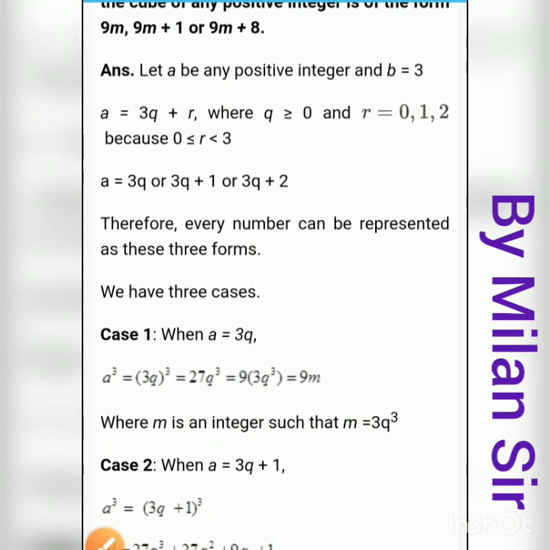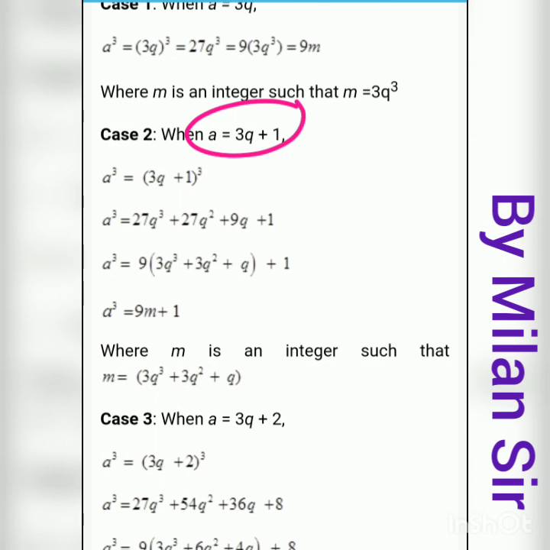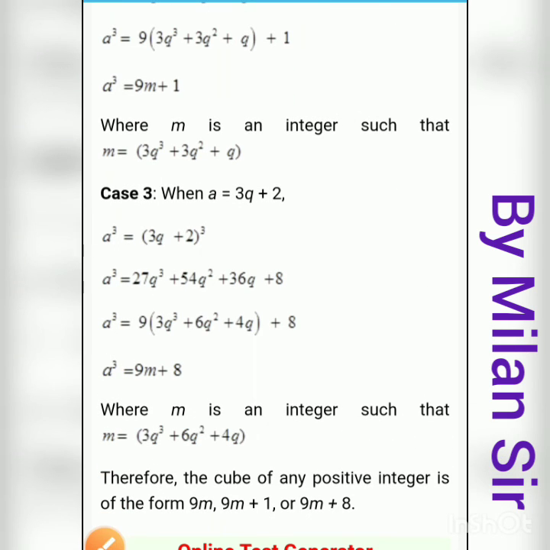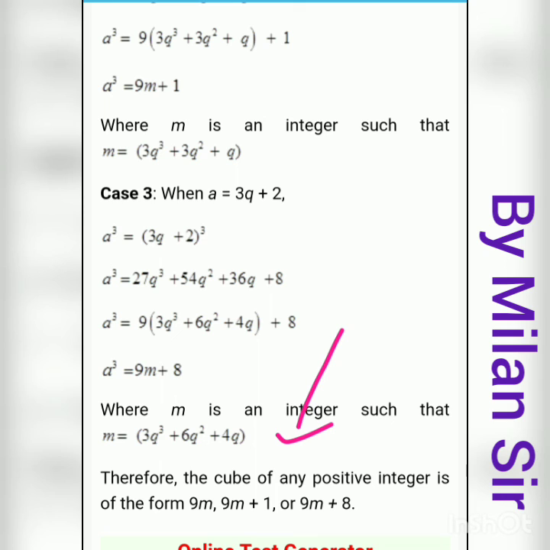Our first possibility 3q cube is in the form of 9m. Second possibility 3q plus 1 is in the form of 9m plus 1, and third possibility 3q plus 2 is in the form of 9m plus 8, and we do not have any more possibility. So the 3 forms we want, we get here: 9m, 9m plus 1 or 9m plus 8. Therefore the cube of any positive integer is of the form 9m, 9m plus 1 or 9m plus 8.